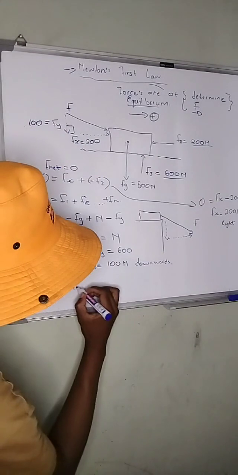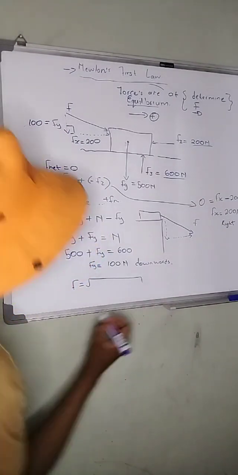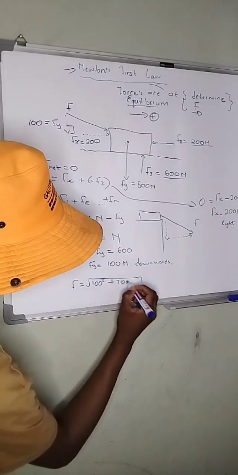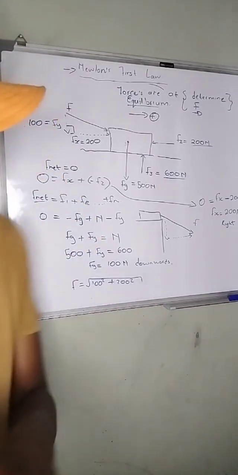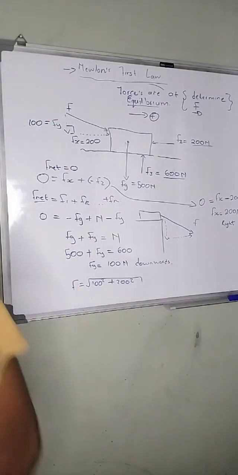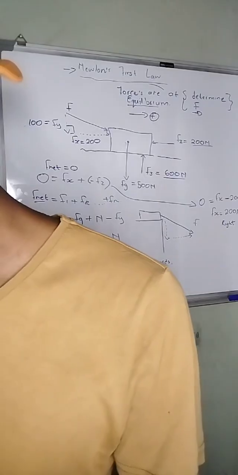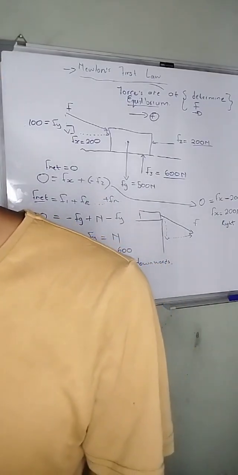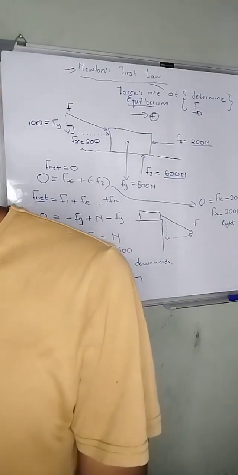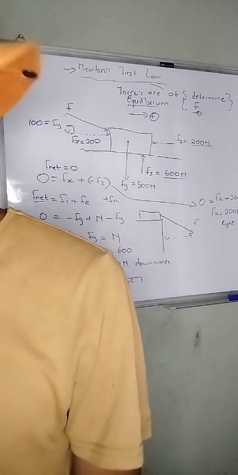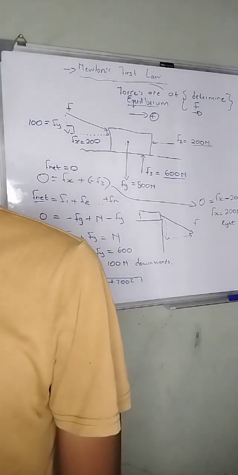So it's going to be F, it's going to be root of 100 squared plus 200 squared. It's going to be how much?